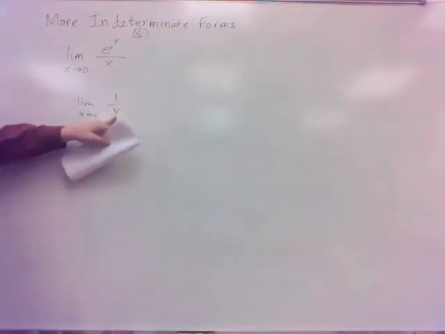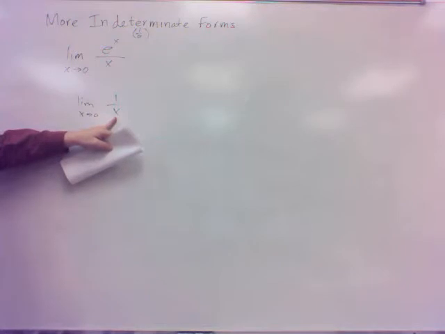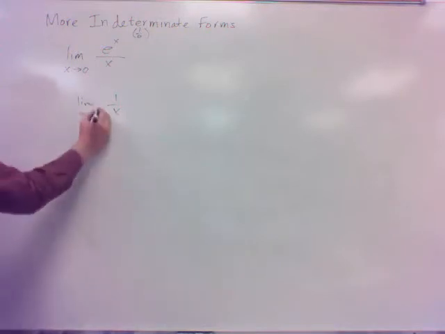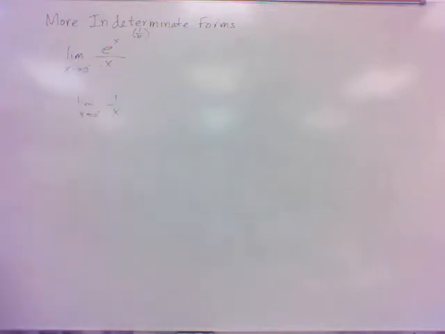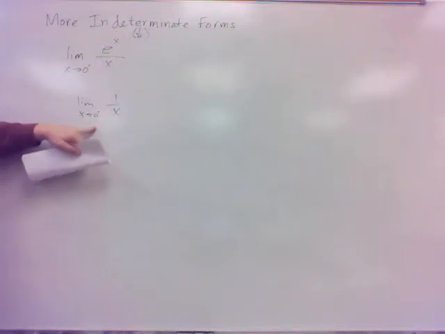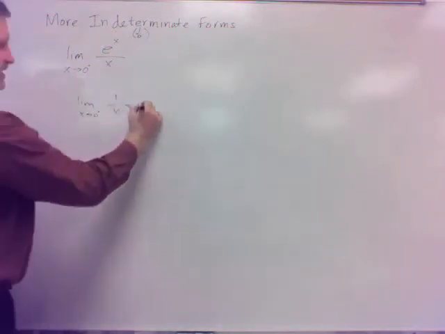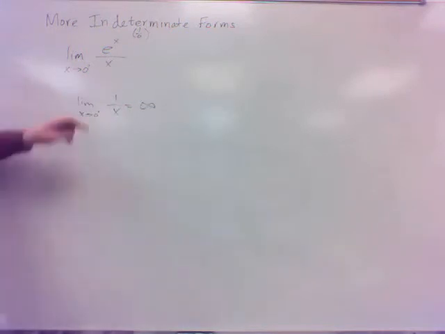But yeah, the bottom going to 0, 1 over x, as x goes to 0, I guess I need to qualify it here a bit, right or left, because it would make a difference there. If I'm going from the right, 0 from the right, this is going to just go to infinity. Because you've got 1 divided by basically smaller and smaller numbers, 1,000.